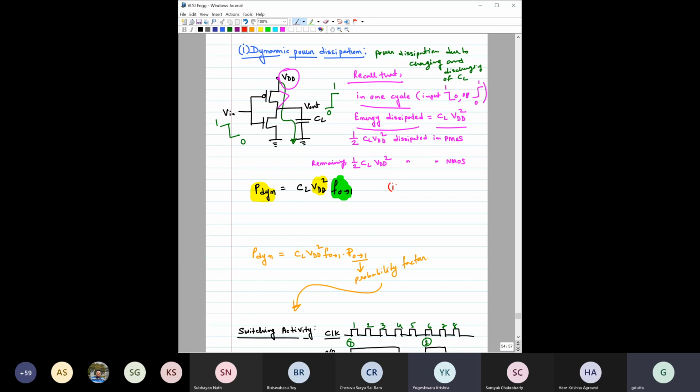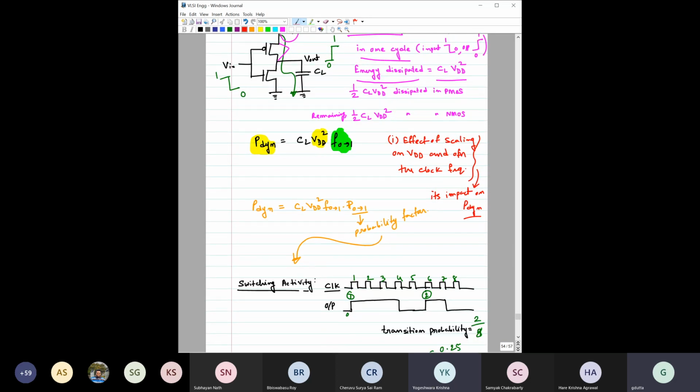So please note the effect of scaling on VDD and on the clock frequency, and its impact on P dynamic. Next, we have also discussed the probability factor, this transition probability, which is also called the switching activity.